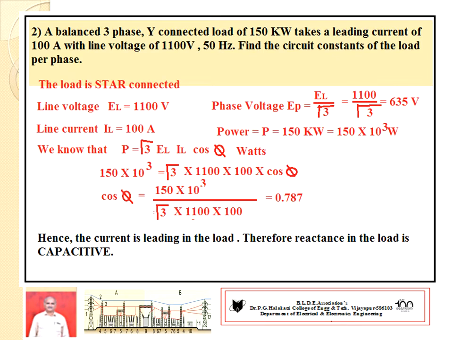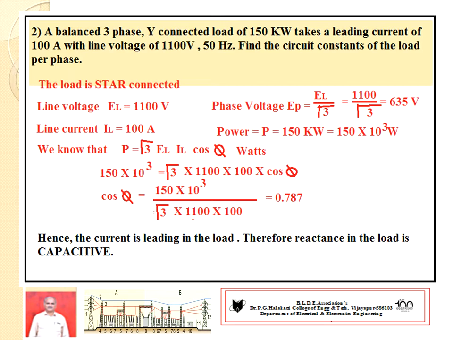Only one important thing is power should be in watts. It is given in kilowatt, convert into watts in this expression. So from this expression you determine cos phi. Cos phi becomes 0.787. And one more point is given. The current is leading.